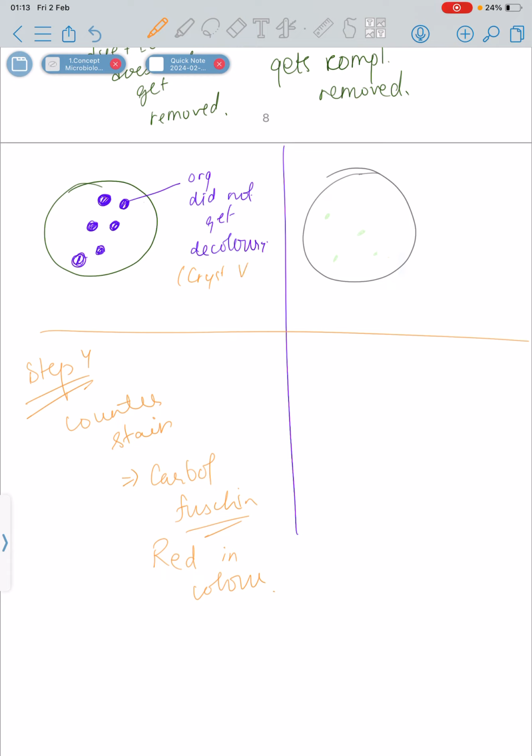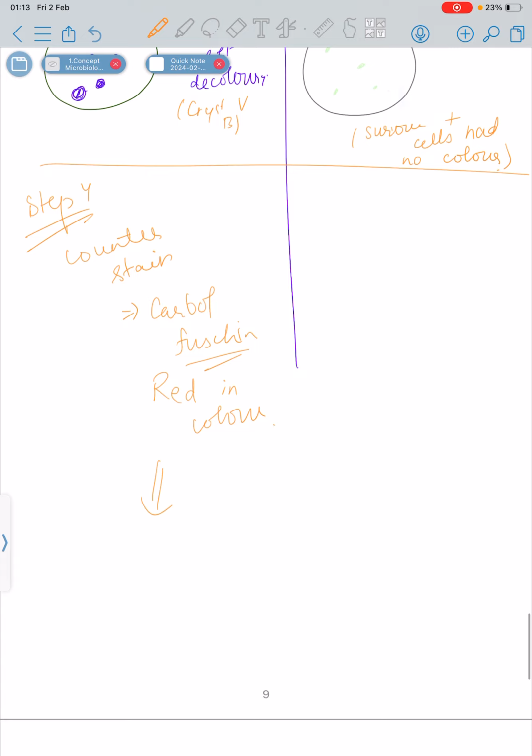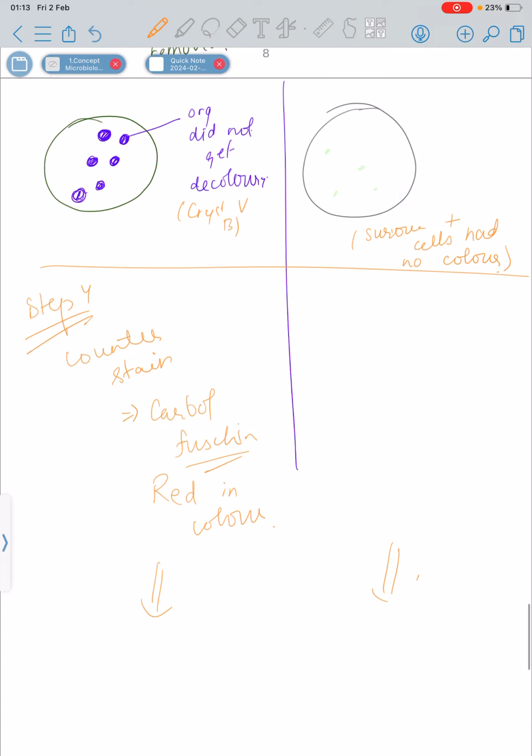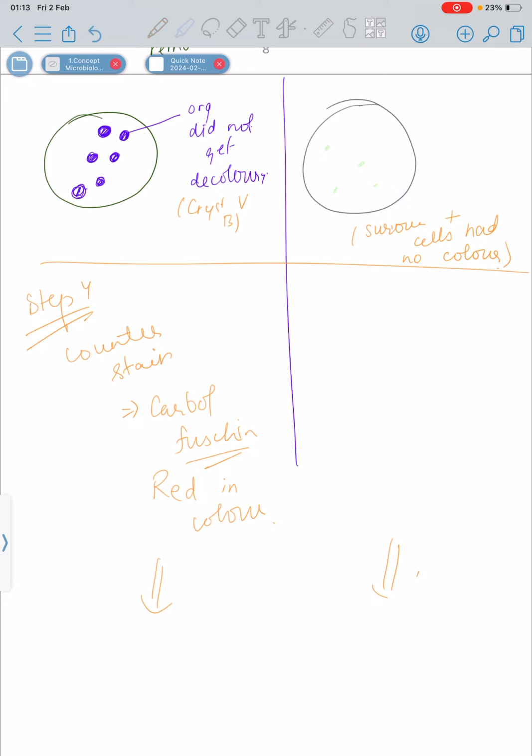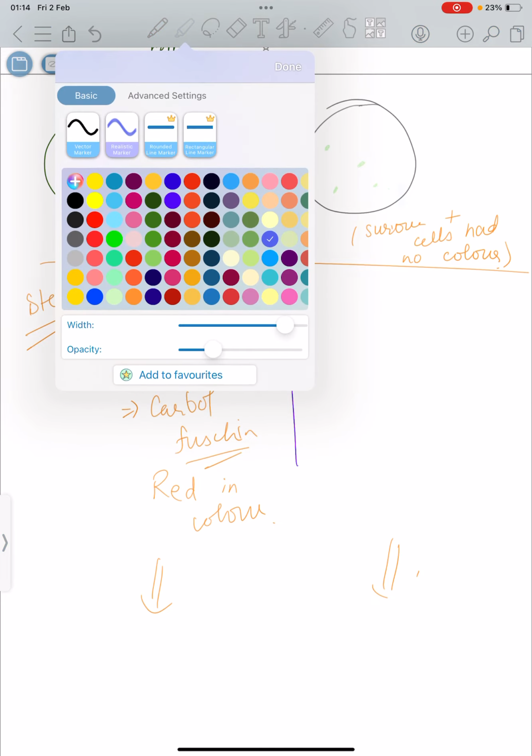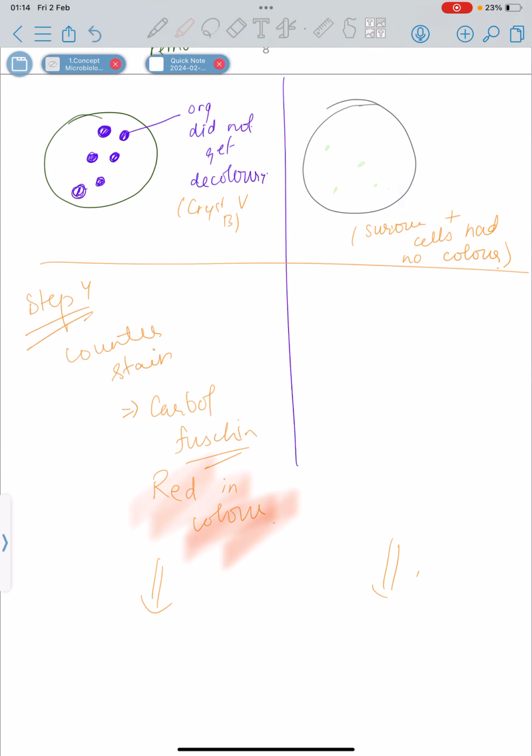But in the case of gram negative, the surrounding and the cells had no color. So what would the obvious thing be? The obvious thing would be that when we put carbol fuchsin, which is red in color, these organisms would be like this only, right?